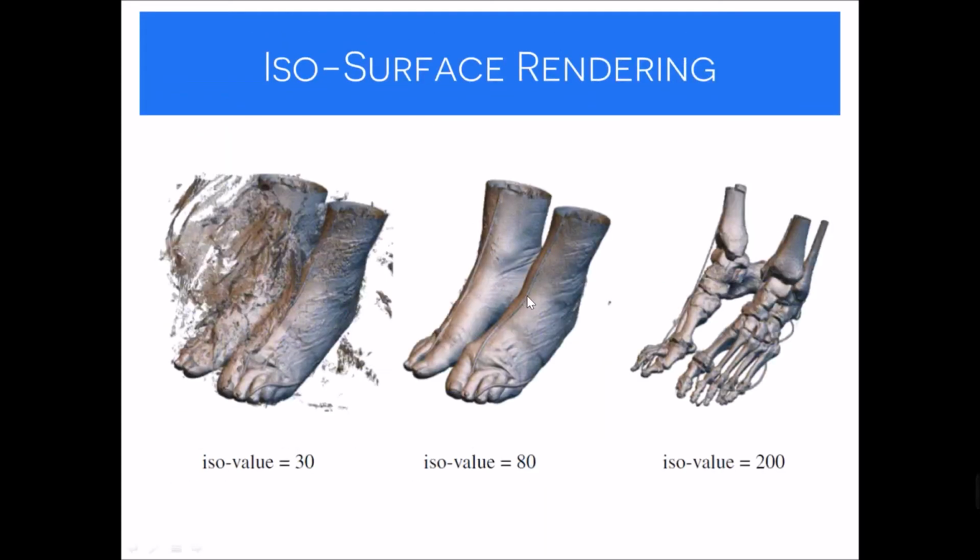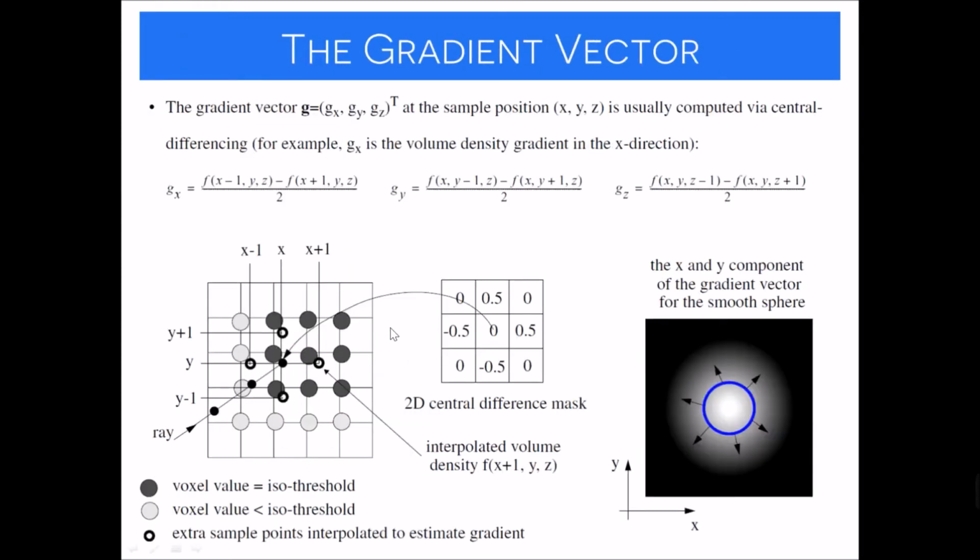You don't see the real shape of a foot. All you see is whether there's a foot or not, but not its shape. So in volume rendering, you have to estimate the normal from scratch, because you just discovered the surface, and you don't know the normal at that surface, right?